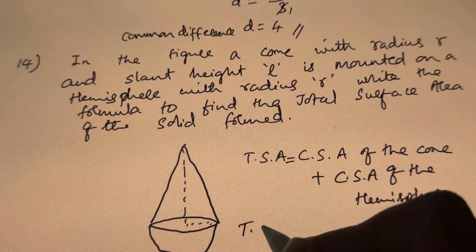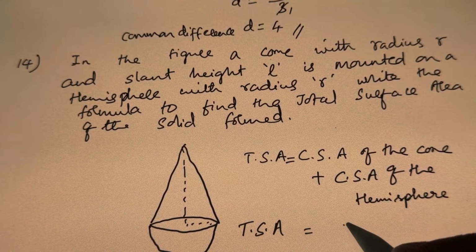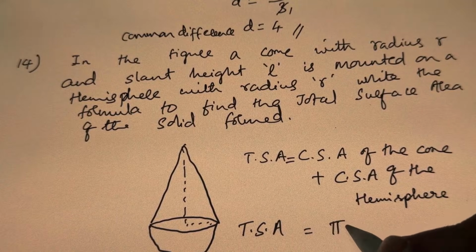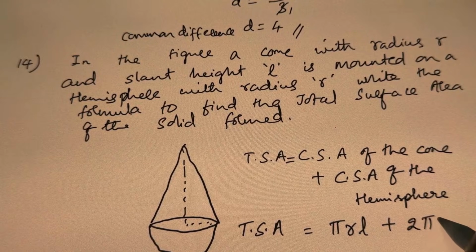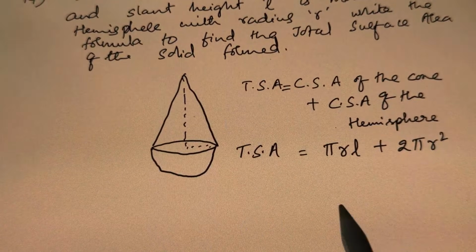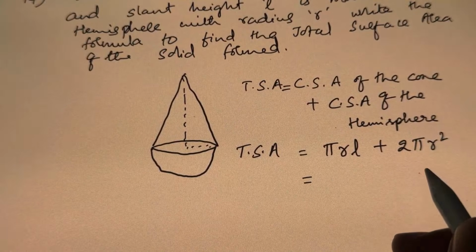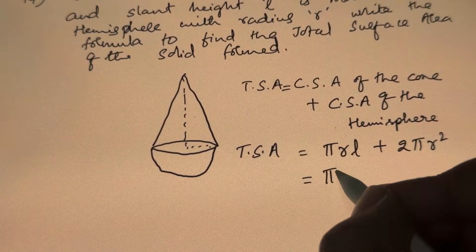So total surface area of the solid formed is equal to curved surface area of the cone, which is pi RL, plus curved surface area of the hemisphere, which is 2 pi r square. So now you can take a common value. So common value on both the sides is pi r.